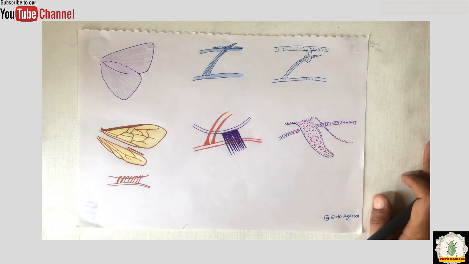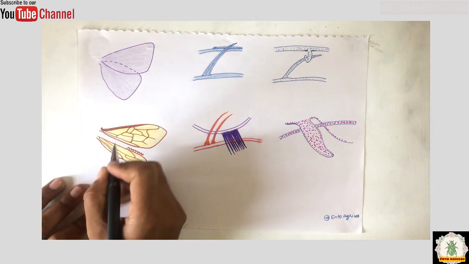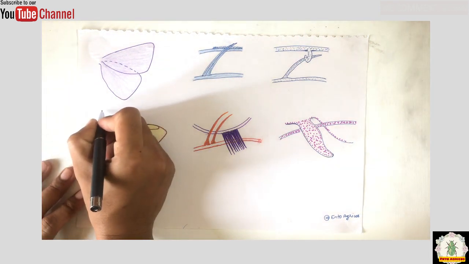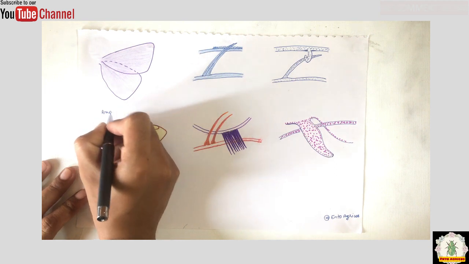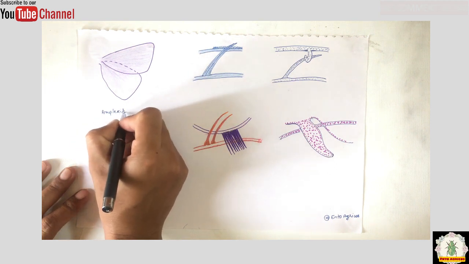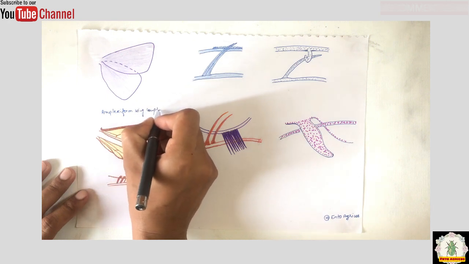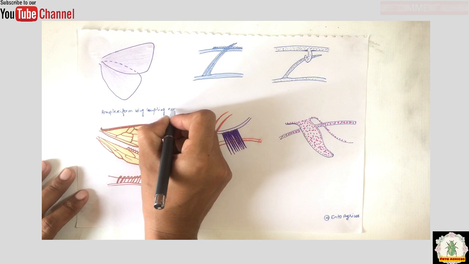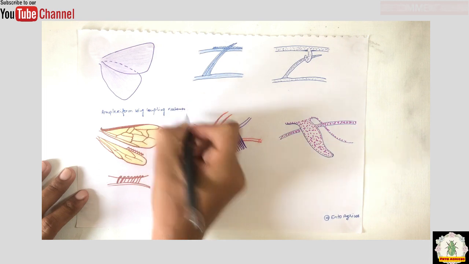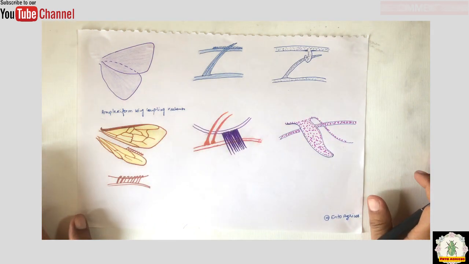Firstly I will discuss the amplexiform wing coupling mechanism. In the amplexiform wing coupling mechanism, this is the simplest one.